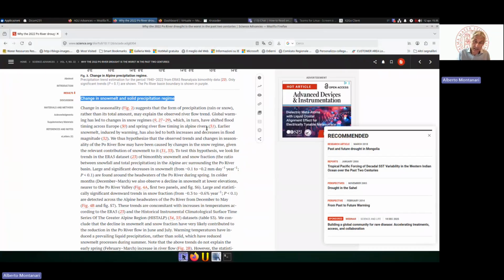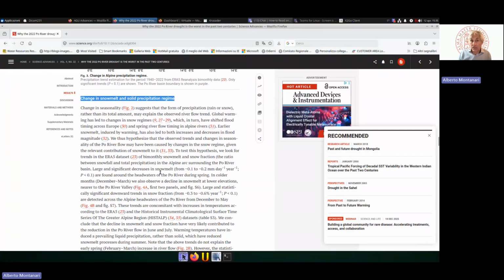This means that the river flows during winter and early spring are increased because there is less snow over the catchment. Snow is like a storage of water. If snow is not accumulated or is melted soon, this means that water goes down and feeds the Po River, and therefore here is the reason why the river flow in winter and early spring is increased.